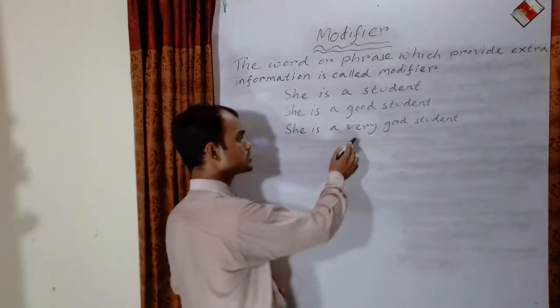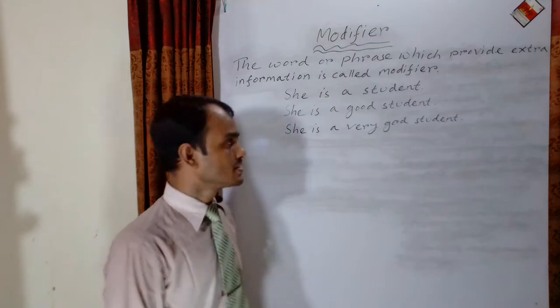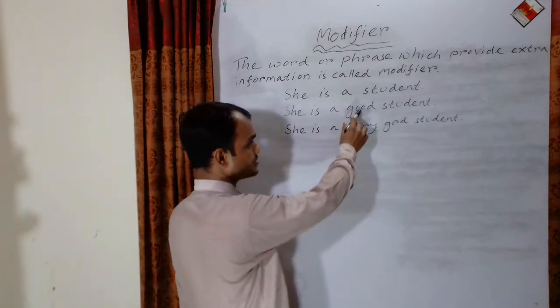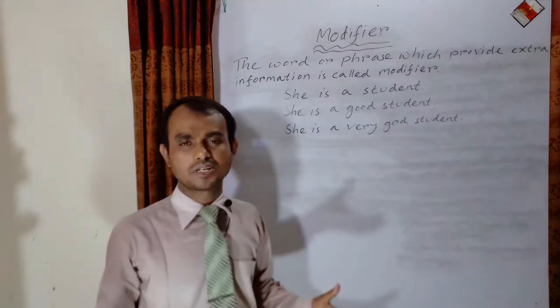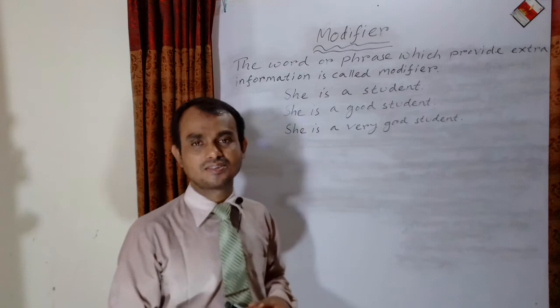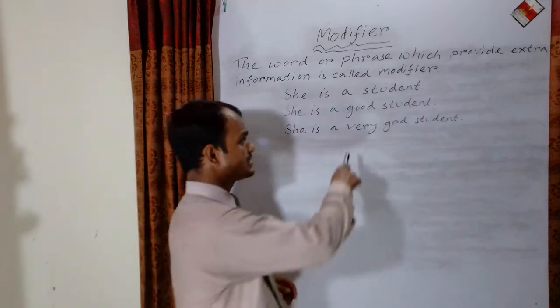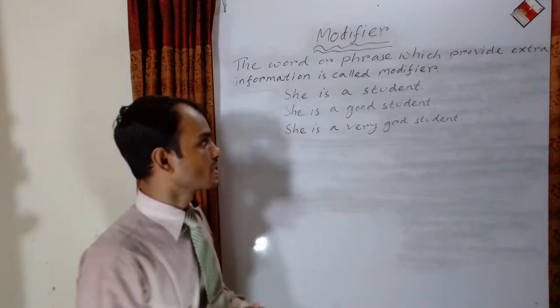This is also a modifier. These two words, good and very, are giving extra information to the noun student. For this reason, these two words are modifiers here.